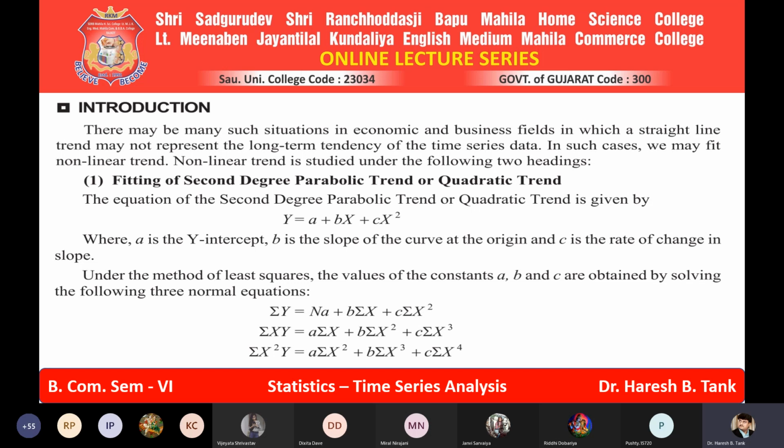Try to understand it by comparing it with the linear equation. In the linear equation, it was y is equal to a plus bx. In that case, what exactly did you do? We tried to formulate two different equations out of it. How?